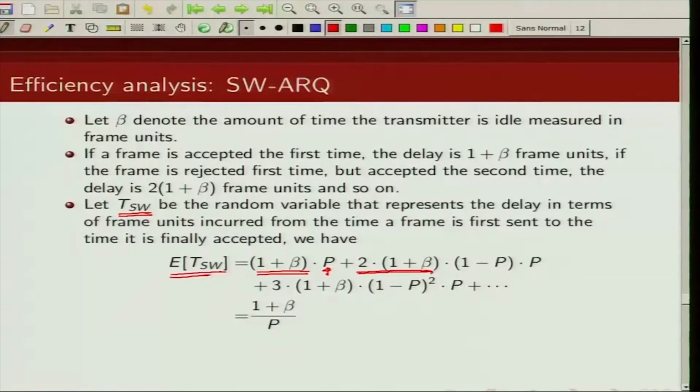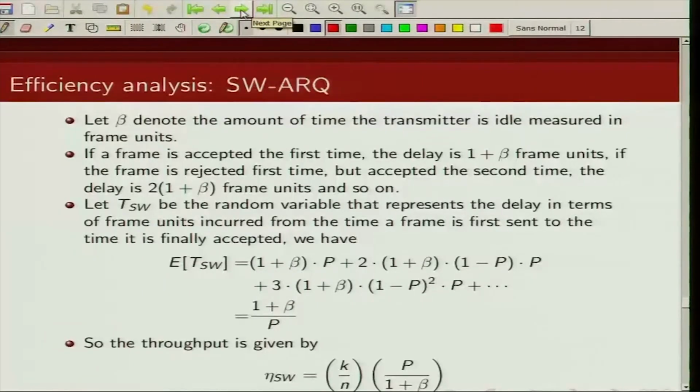If it is rejected the first time and accepted the second time, this is the delay, and this is the probability of the frame being rejected the first time but accepted the second time. Similarly, this is the probability that the frame has been rejected twice, but at the third instance it has been accepted, and this is the corresponding delay. So like that, if you write it, the expected value of T_SW comes out to be (1 plus beta) divided by p.